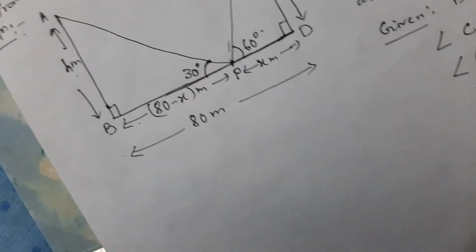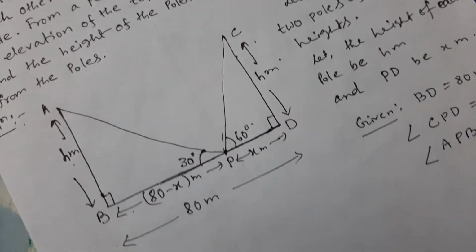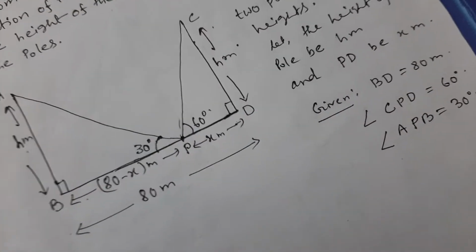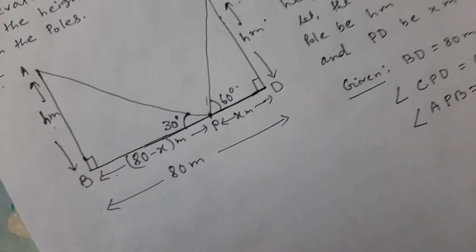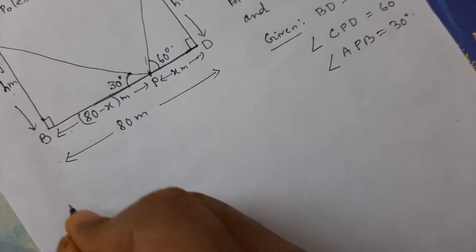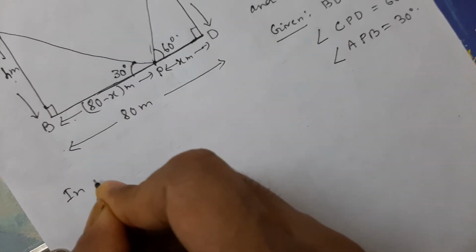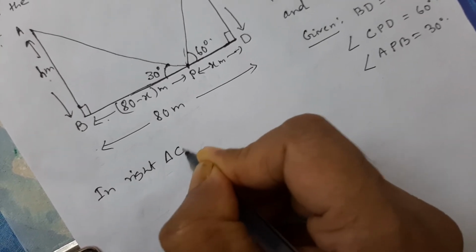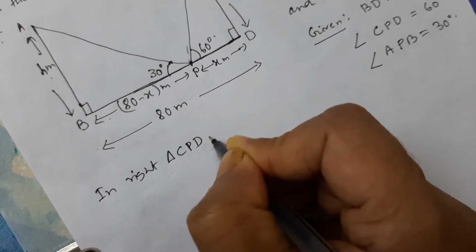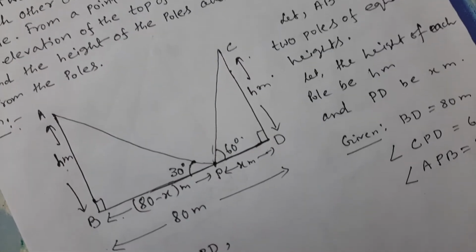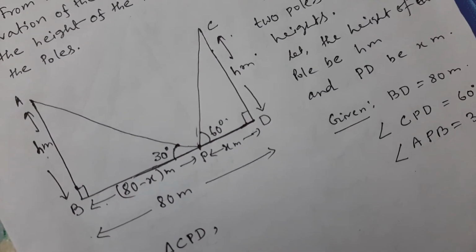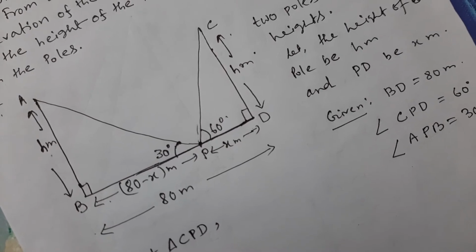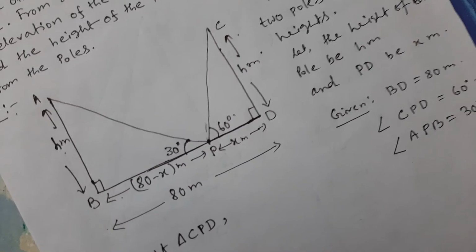Now first take triangle CPD. In right triangle CPD, CD by PD, perpendicular by base, is tan of the angle, which is 60 degree.